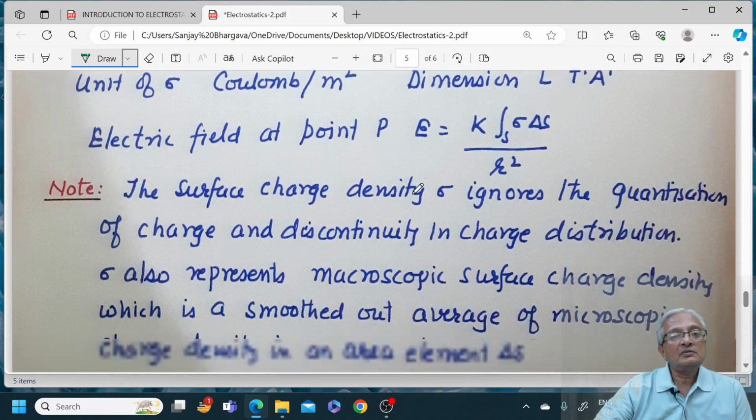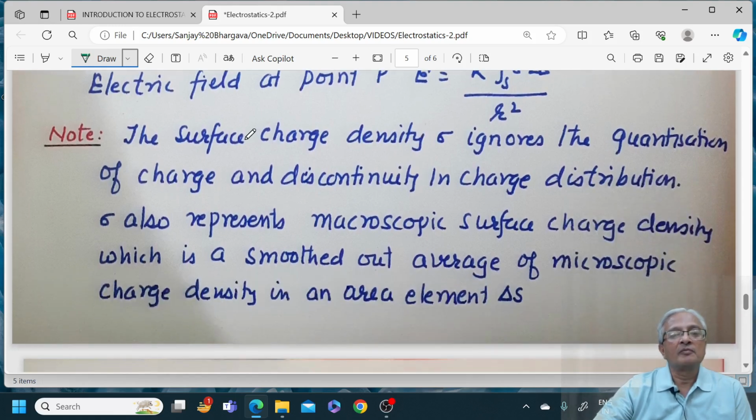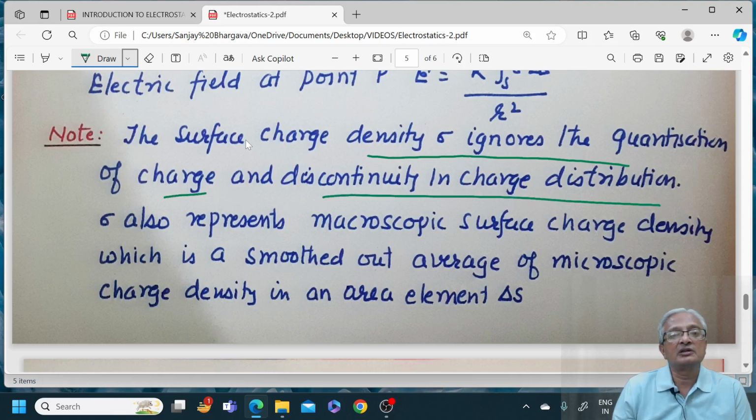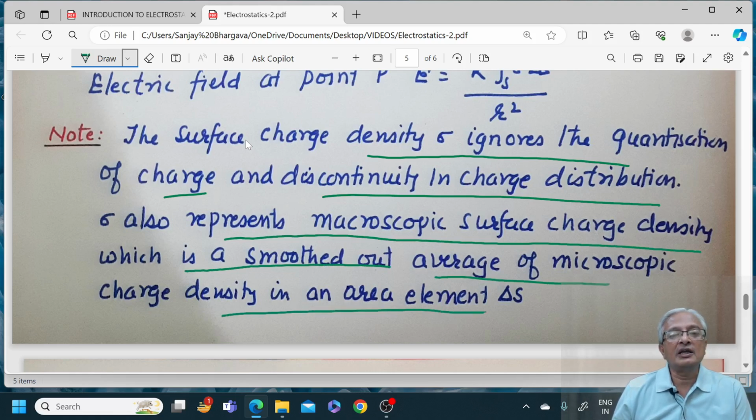Now, once again we must remember that the surface charge density sigma ignores the concept of quantization of charge and discontinuity in the charge distribution. For the same reason, sigma represents macroscopic surface charge density, which is nothing but a smoothed out average of microscopic charge density in an area element delta S.